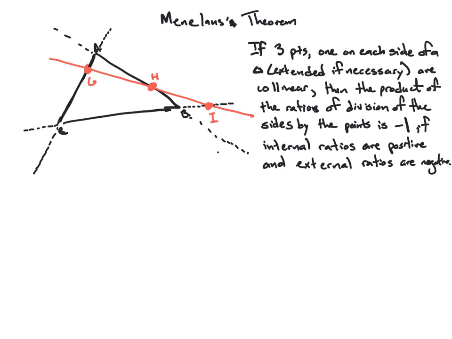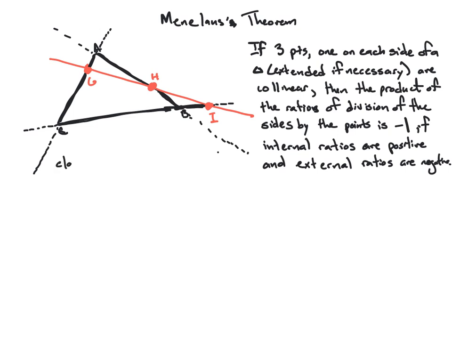So here we would say that AG, GC, that ratio is positive. AH, HB, that is positive. On the other hand, here we have to look at CI, IB. That ratio is going to be negative because it's an external ratio. So that's what our claim is.